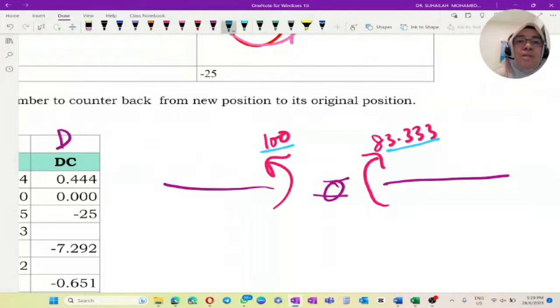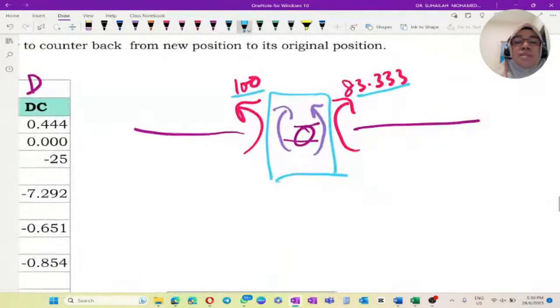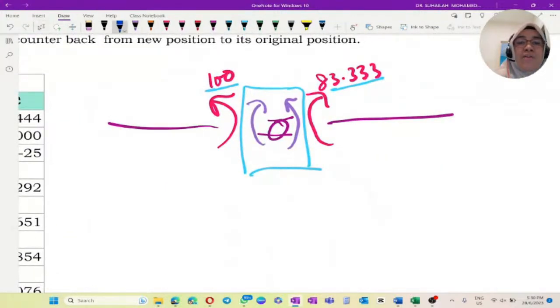Joint moment is always opposite to member end moment. So this is 100 and this is 83.333.